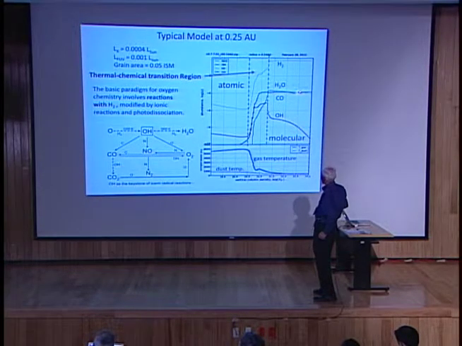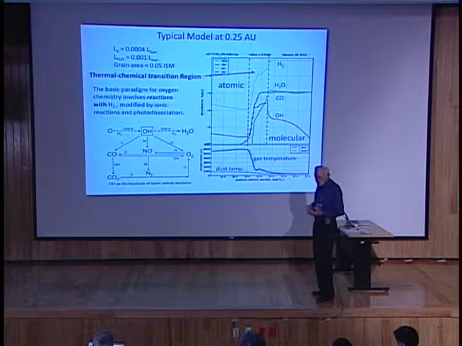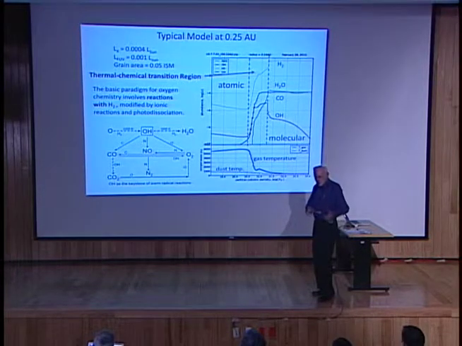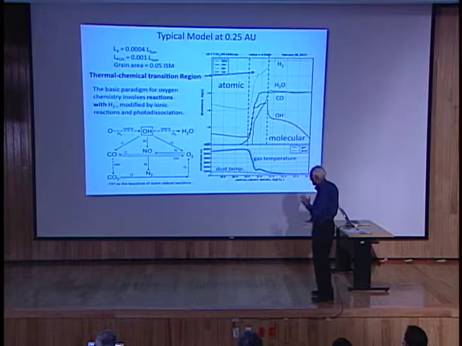You get a large amount of water in terms of abundances and of CO. And of course, the hydrogen becomes fully molecular. So this is what I would say is a reasonably successful model with lots of defects, which I'll come to, which is the main purpose for my talk.